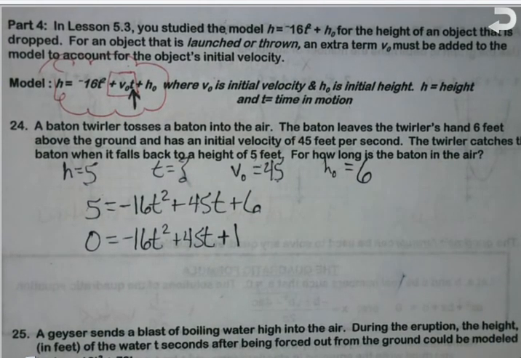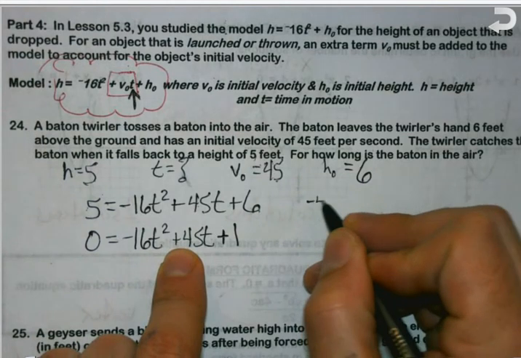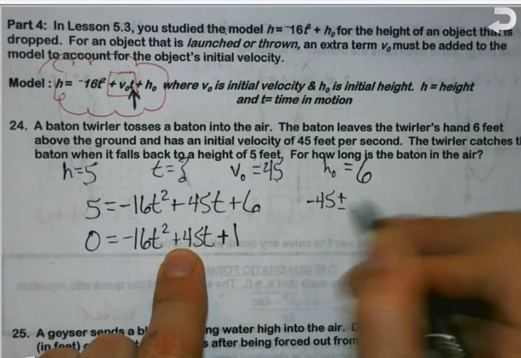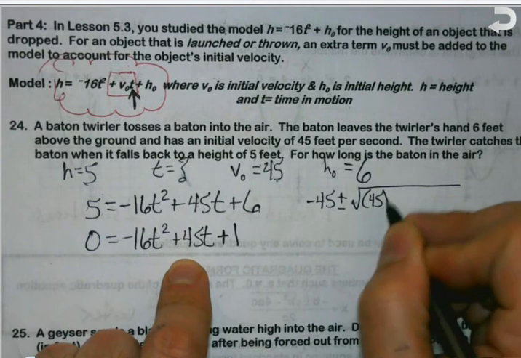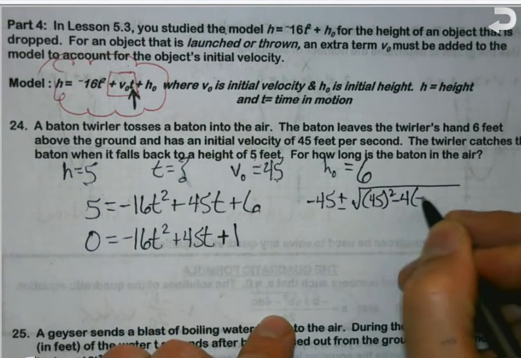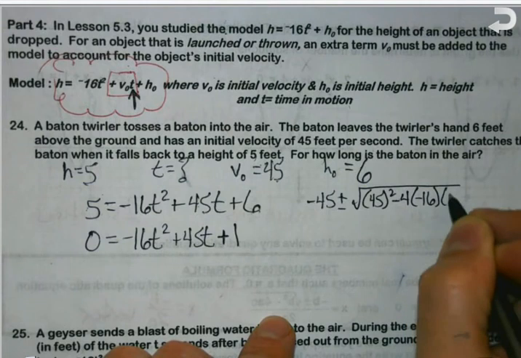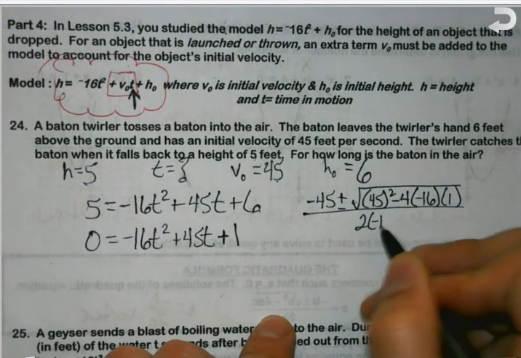I'm giving away too many points today. All right, so here we go. Negative b minus the square root of, oh boy, big numbers coming, b squared minus 4ac, all over 2a.